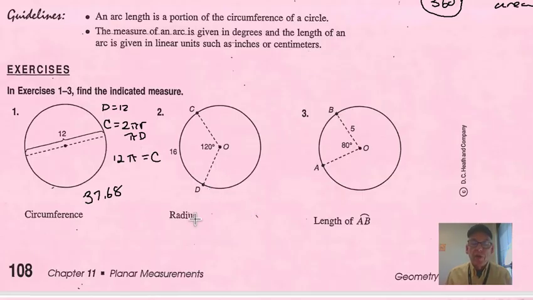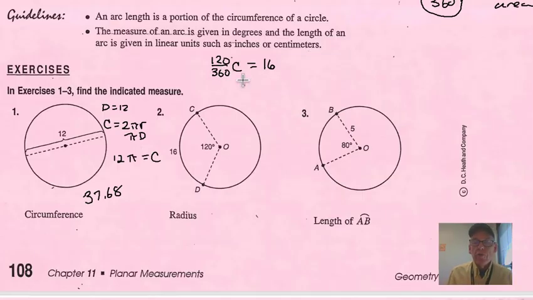Here they want us to find the radius, and they're giving us that the part of the circle, given by this 120 degree central angle, comes out to be 12. So what went on with this one is that 120 over 360 times the circumference came out to be 16, and they want us to find the radius.